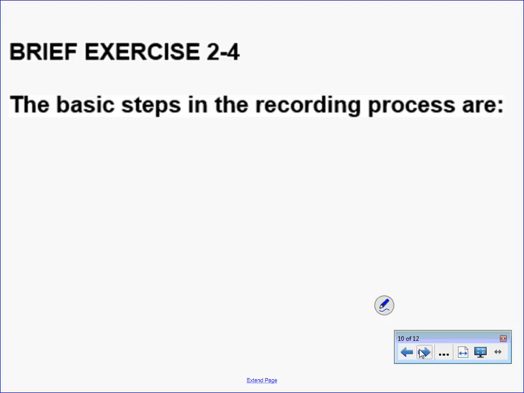If we read what it says in the book on page 80, it says, Raymond Faust, a fellow student, is unclear about the basic steps in the recording process. Identify and briefly explain the steps in the order in which they occur. We've done this already today, and it's certainly a review from yesterday, but let's put our answers down.